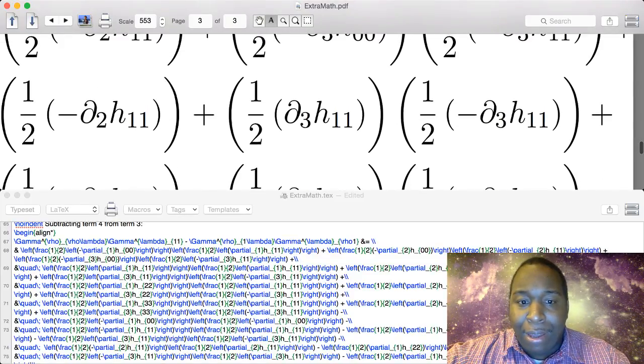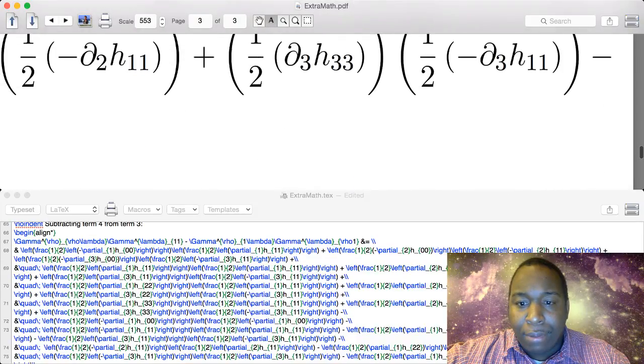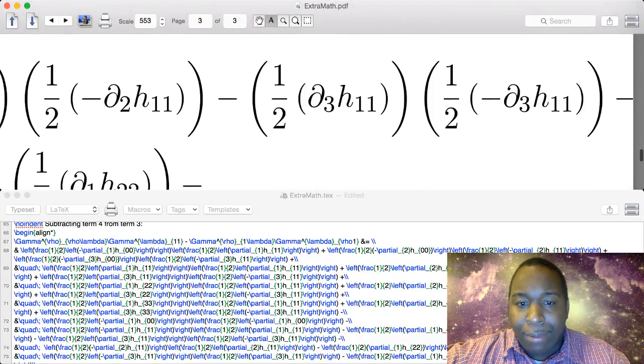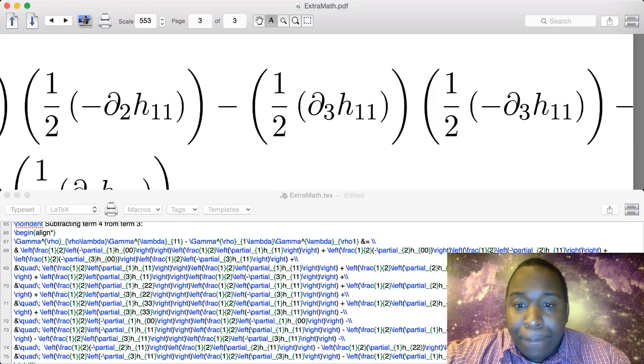So I see it here. So 311, 311. And then it repeats itself again right there. 311, 311. In this case, the term itself is going to be positive.